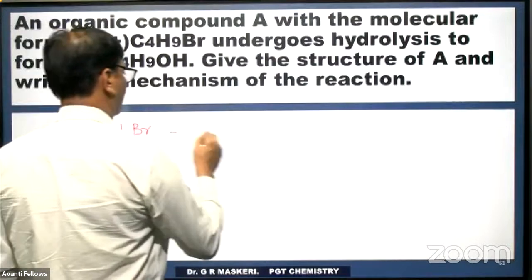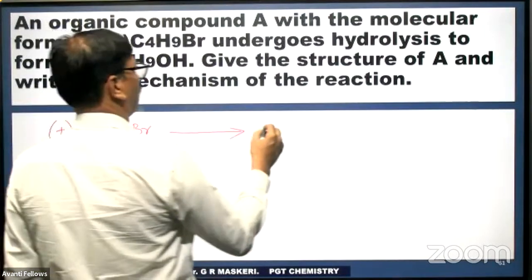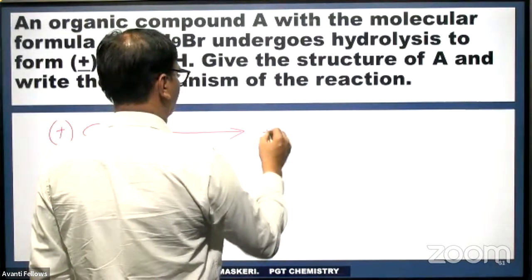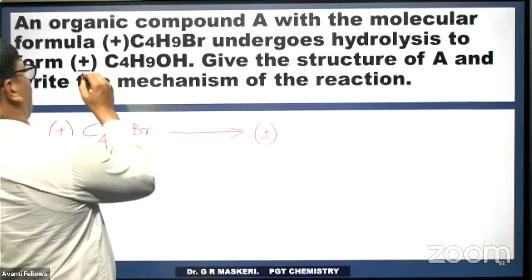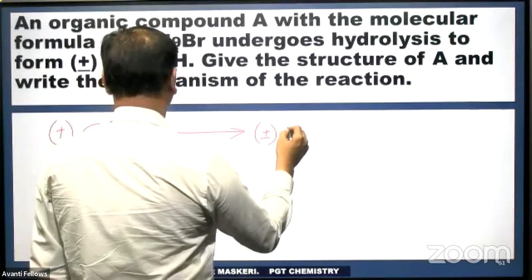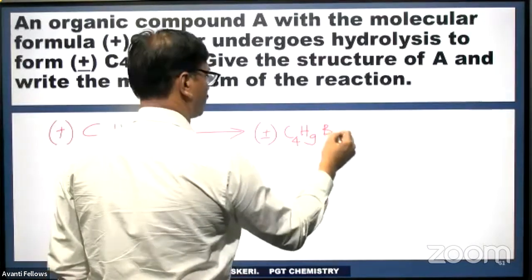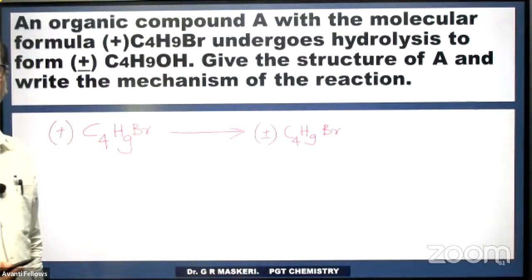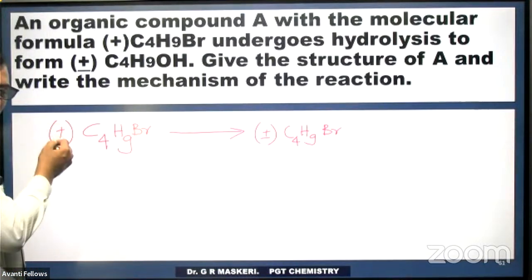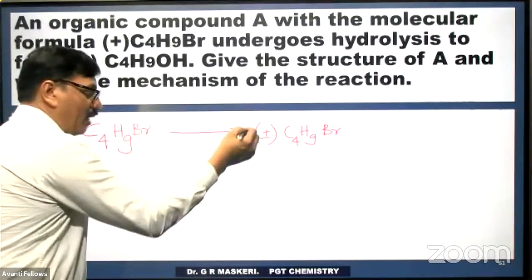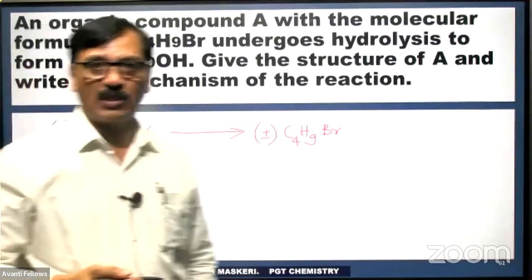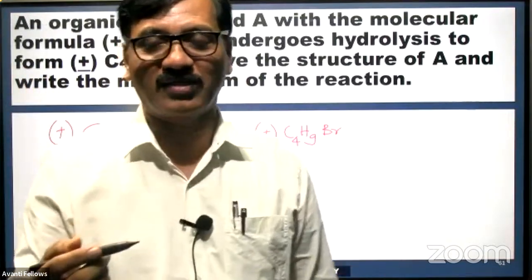So this gives plus or minus, both are there here, for C4H9Br. What are the clues with us? Plus means dextrorotatory. If plus and minus are both given, it means 50% plus and 50% minus, that we have to understand.